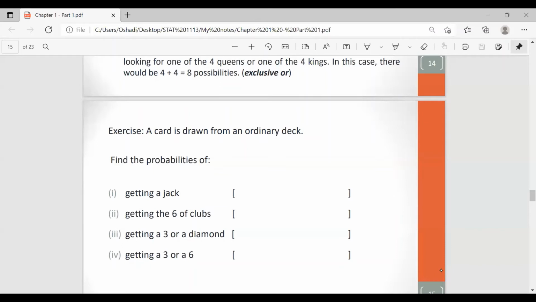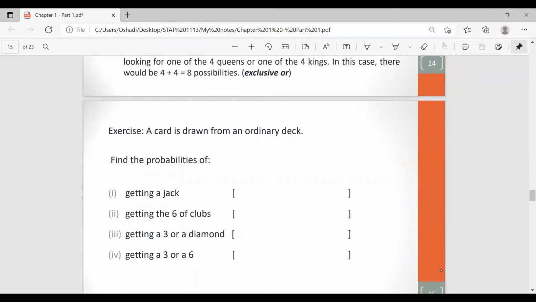Okay, the first one is getting a jack. How many jacks are there in a card pack? There are 4, right? One is for hearts, then diamond, clubs, and spades.